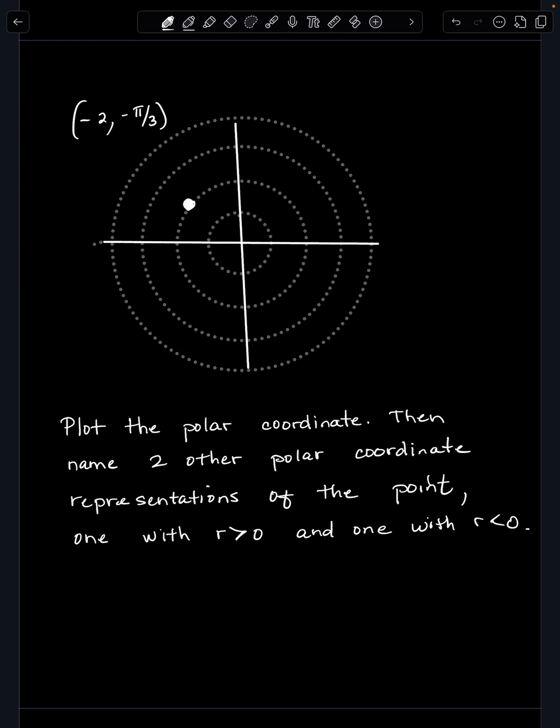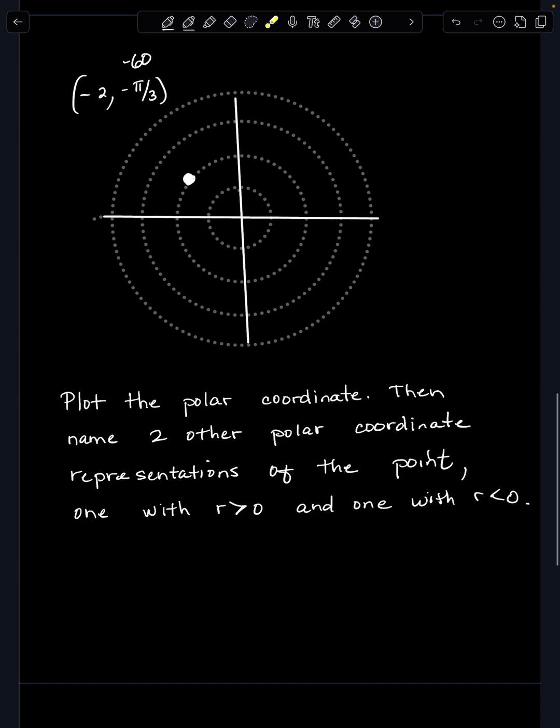So if I plot this point, and I've already plotted it actually, I've got (-2, negative pi over 3), or negative 60 degrees. So what I did there is I went negative 60 degrees, got on the circle of 2, and then I went the opposite direction. So that's my original point they gave me. Now they want me to find two more coordinates that represent that same point. So they want me to use -2 again, since that was my r value, to find another coordinate that represents that same point.